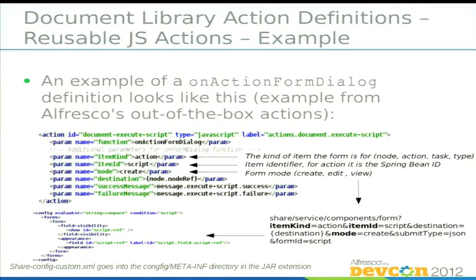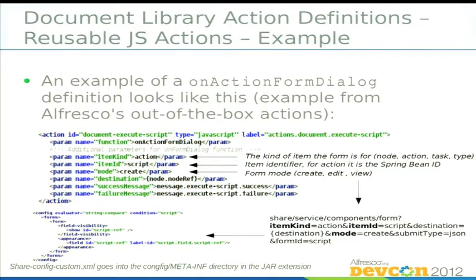And this is how a usage of that looks. If you know there is a document execute script action, this is also from Alfresco source. So here, they are also using on action form dialog. They say there's going to be a dialog, I'm going to collect some script.